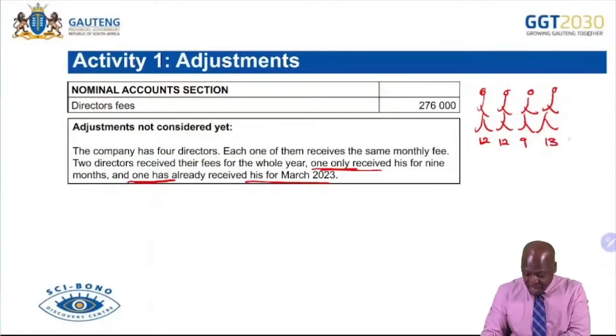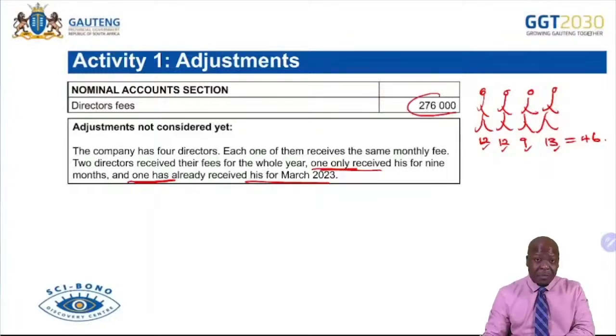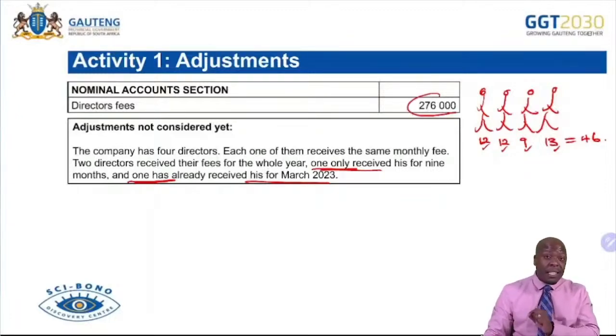All right, let's see those calculators. So we're now going to say 12 plus 9 plus 13. How many months in total? That gives you 46 months in total that we have paid for our directors. It therefore means the amount of directors' fees, which is this one here, the 276,000, is for the 46 months that we have paid.